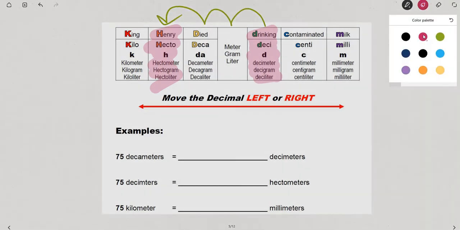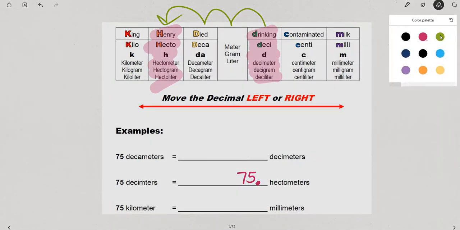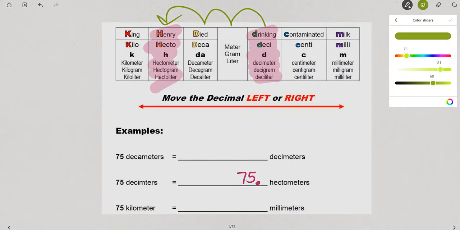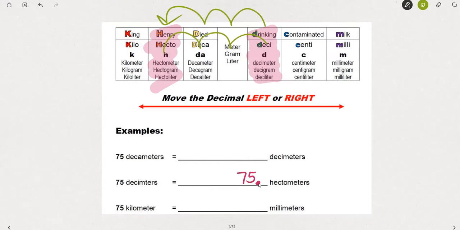So when we write the 75, it's implied that that decimal is at the end of the 75. And then we're going to move the decimal 1, 2, 3 units to the left.